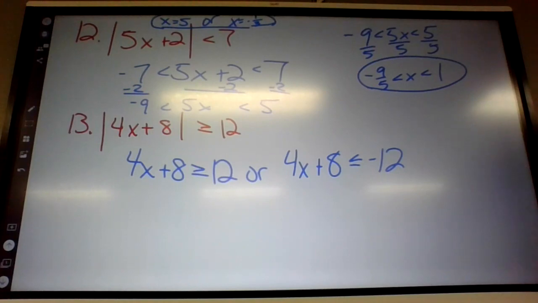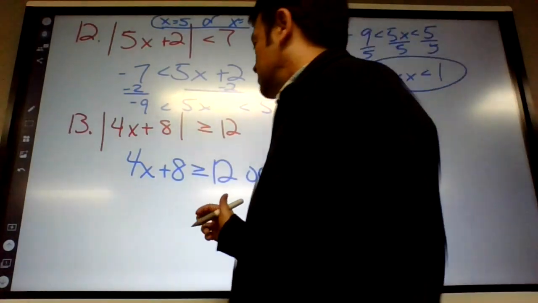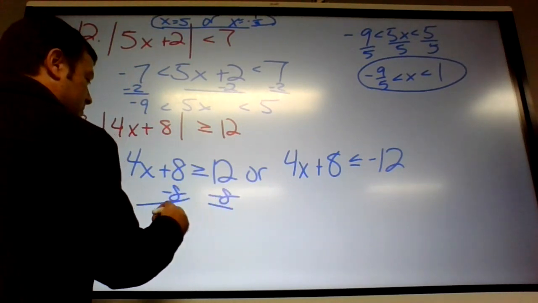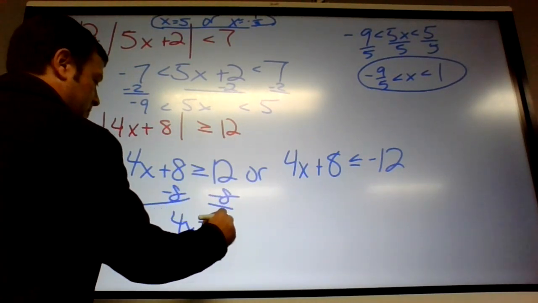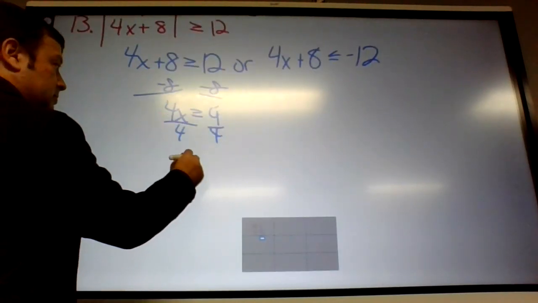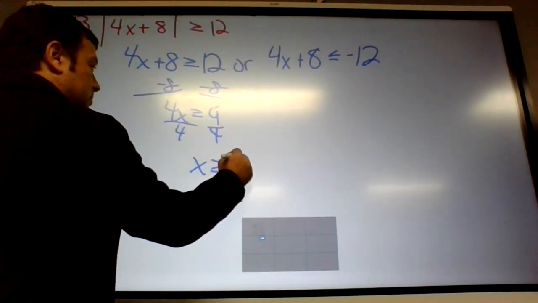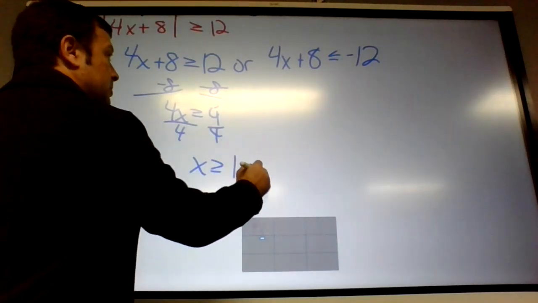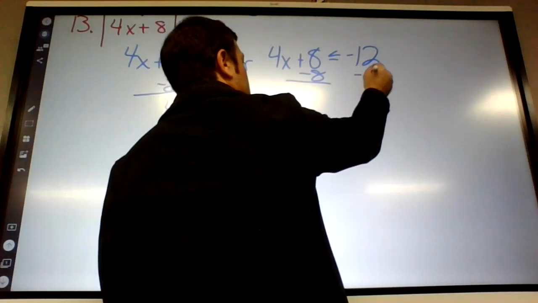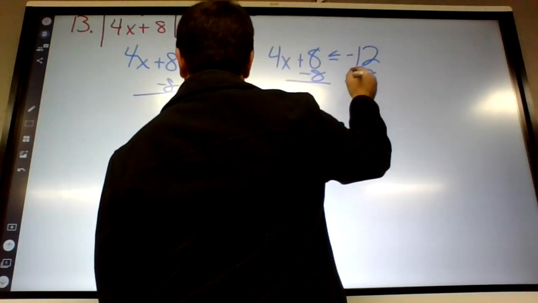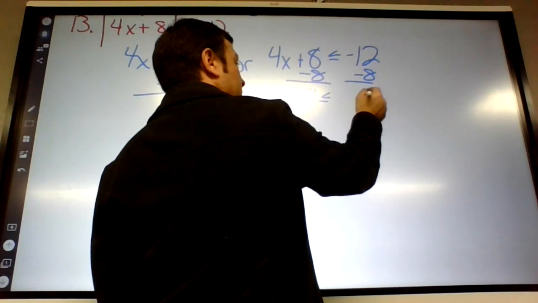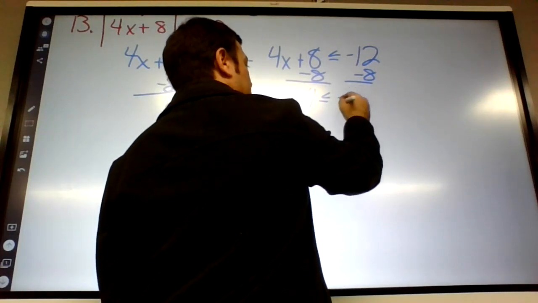So, on the first side, you would subtract 8 from 12, which would be 4, and then divide by 4. And same thing over here, subtract 8, divide by 4, like you said.